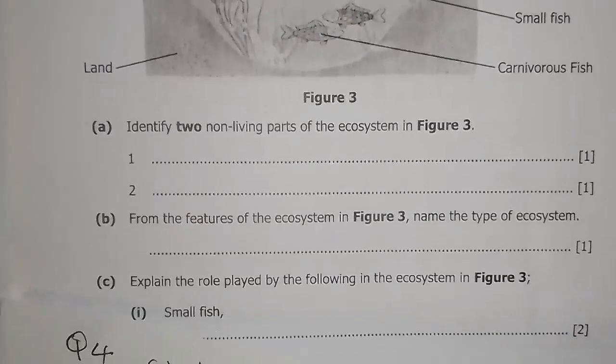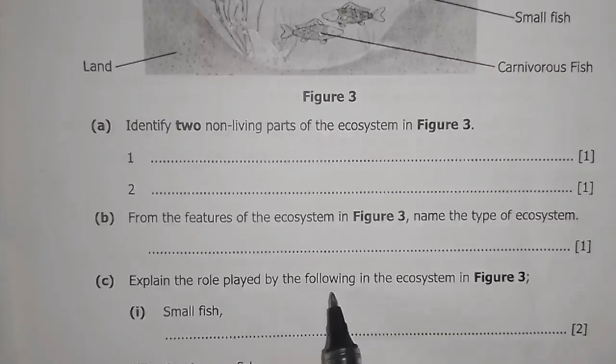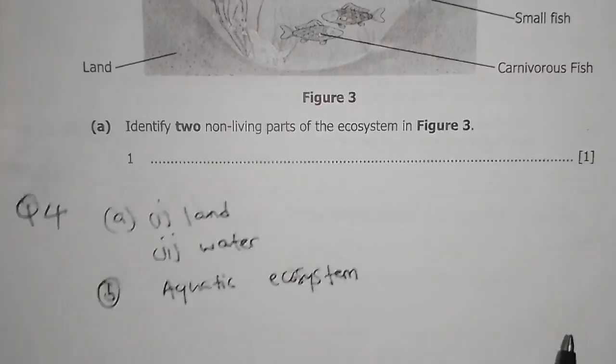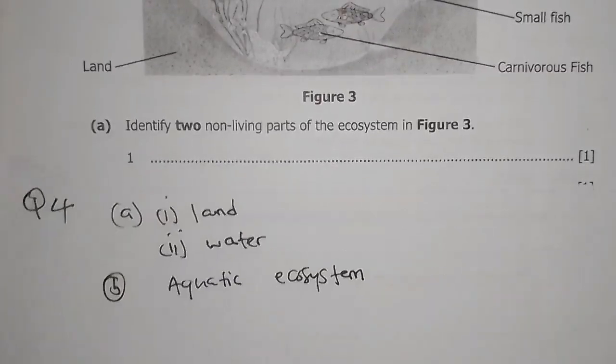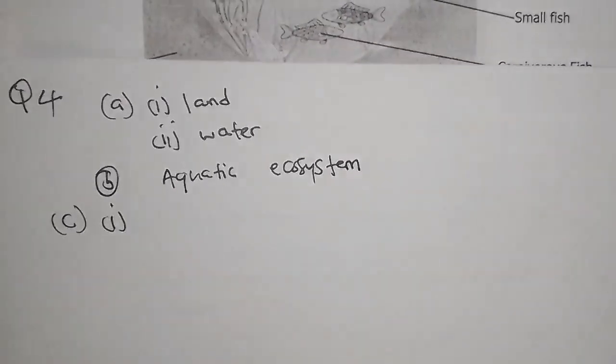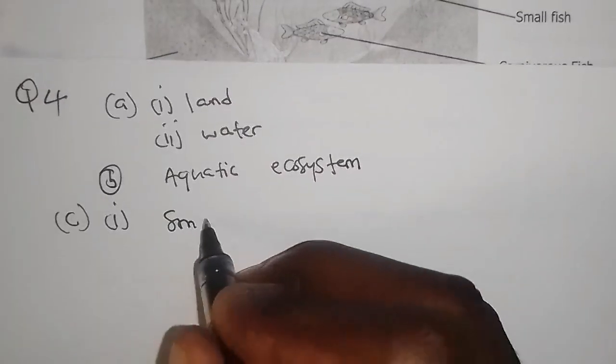And then we also have, followed by, explain the role played by the following in the ecosystem. So the small fish. So what could be the function of a small fish here? Okay, so small fish.